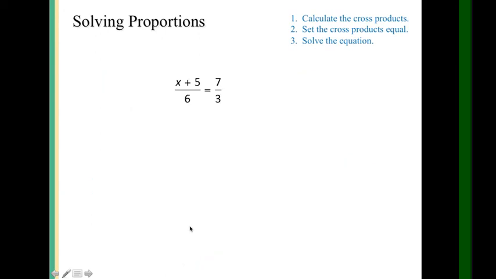Okay, another problem. We have x plus 5 over 6 equals 7 over 3. Cross multiply, that is 3 quantity x plus 5, and then here we have 42. So equate the two equations na nakuha natin. So we have this one, and then we will use the distributive property by distributing 3 to x and 3 to 5. That is 3 times x is 3x and 3 times 5 is 15.